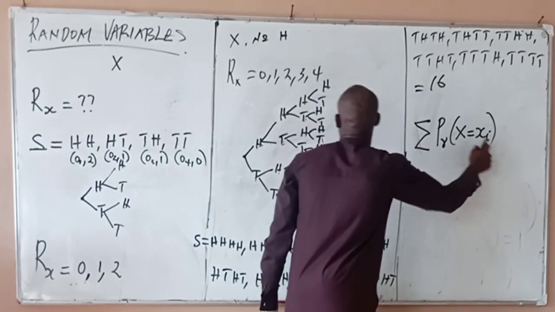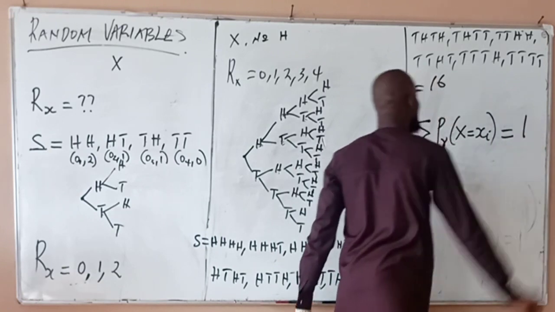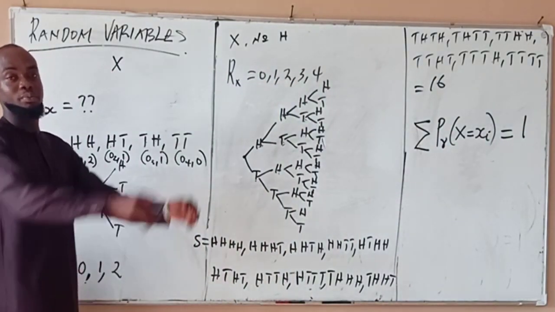If we sum up all the probabilities, and they are equal to 1, therefore we say that S is a discrete random variable.